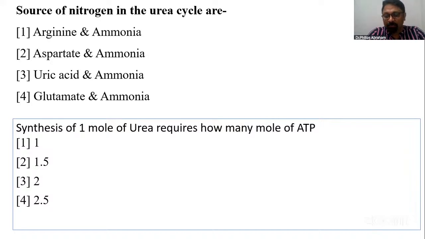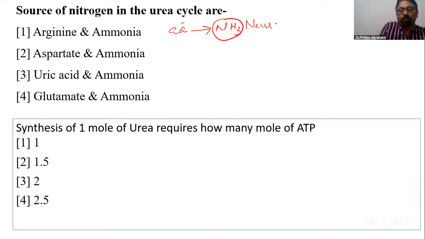During amino acid metabolism, amino acid breakdown, the amino group will be removed as ammonia. So understand it that way. Amino acid on its breakdown produces ammonia. This ammonia is highly neurotoxic, so somehow it should be detoxified.